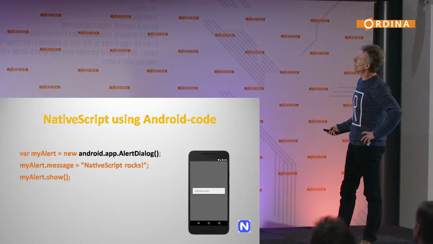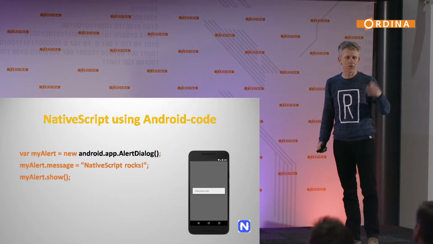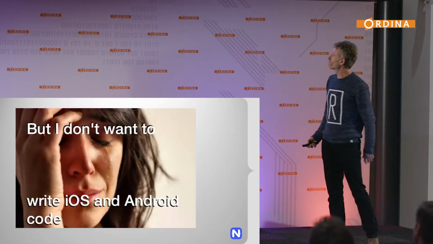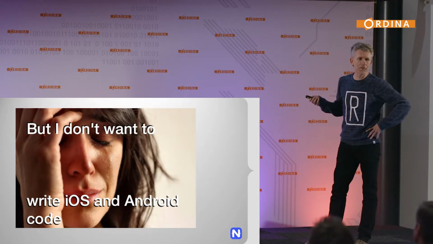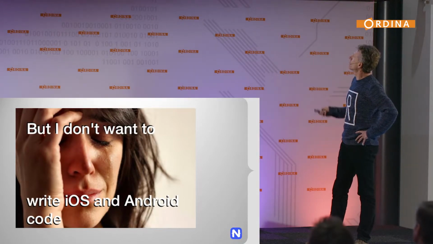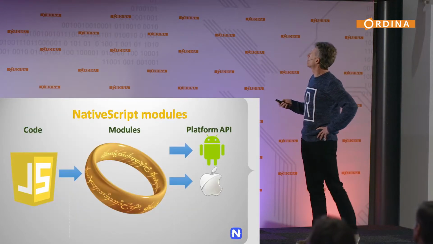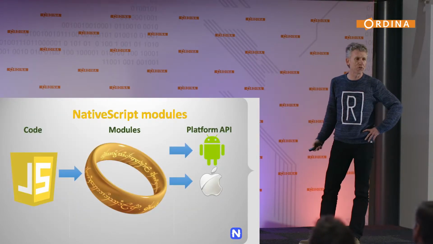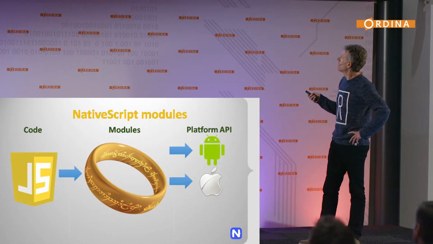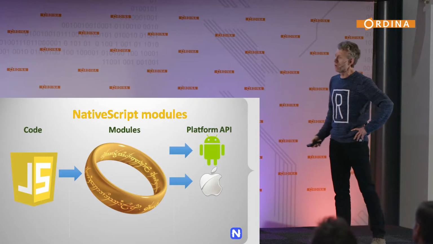But it's not what web developers want. They want to write JavaScript, of course. So NativeScript has a solution for this. In the middle, between JavaScript and the platform APIs, you can use modules. Here is a very simple module, the dialog module.